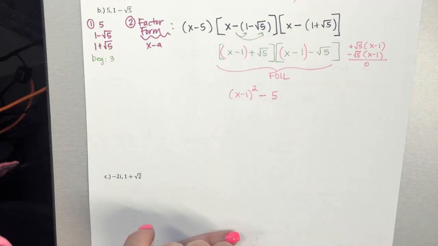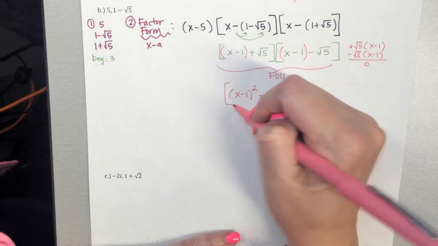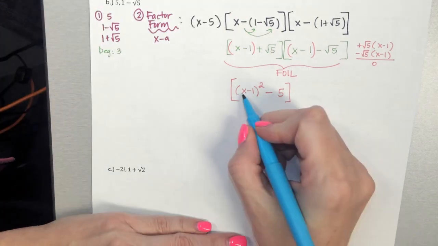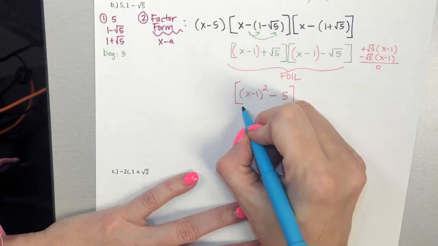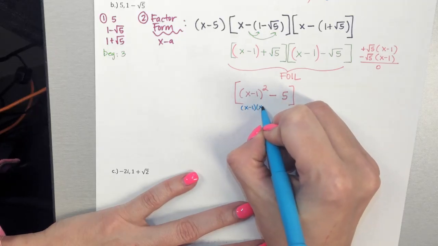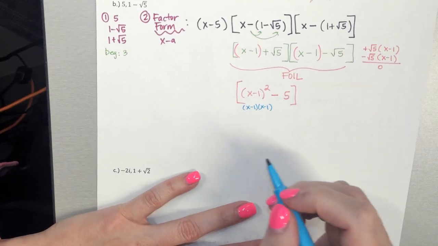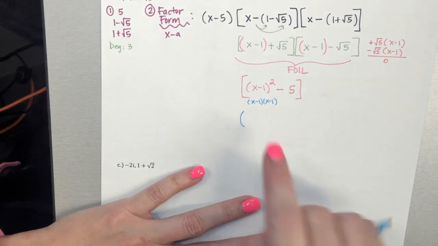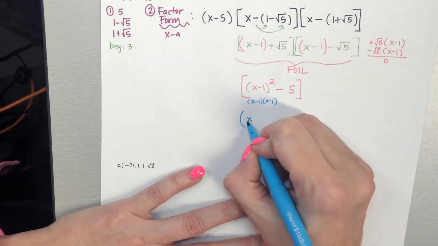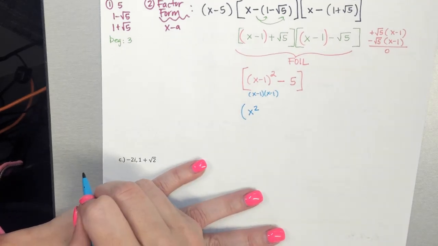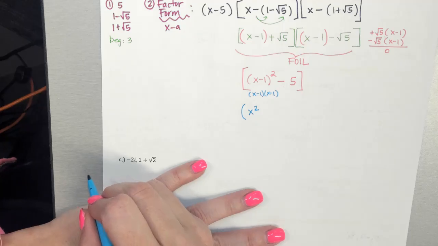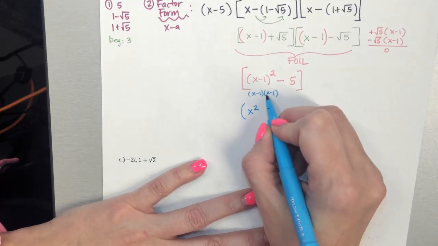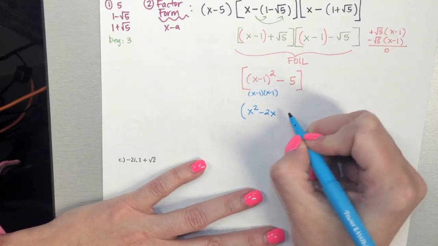Positive times a negative is a negative. Okay, and then we're going to keep simplifying this. We're going to do the x minus 1 squared. You don't have to write that out twice, but if you like that because it helps you FOIL better, you can. If you FOIL x minus 1 times x minus 1, you'll get x squared. Minus 1x minus 1x is minus 2x.